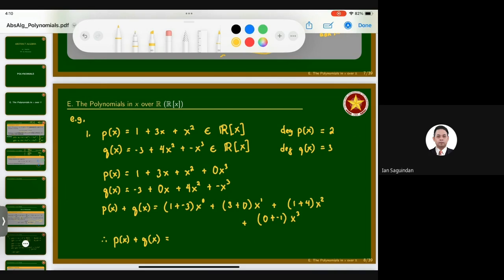So 1 plus negative 3 should be negative 2, x to the 0, that will be the constant, plus 3x, plus 1 plus 4, that should be 5x squared, and then 0 plus negative 1, so we have plus negative 1 x cubed.